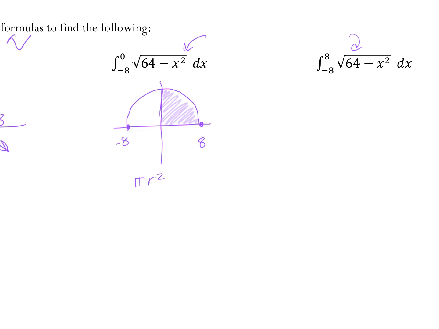Okay, so if my area of a circle is pi r squared, and I have a fourth of this circle, I could do pi r squared divided by 4. Which would be, in this case, pi times 8 squared divided by 4.